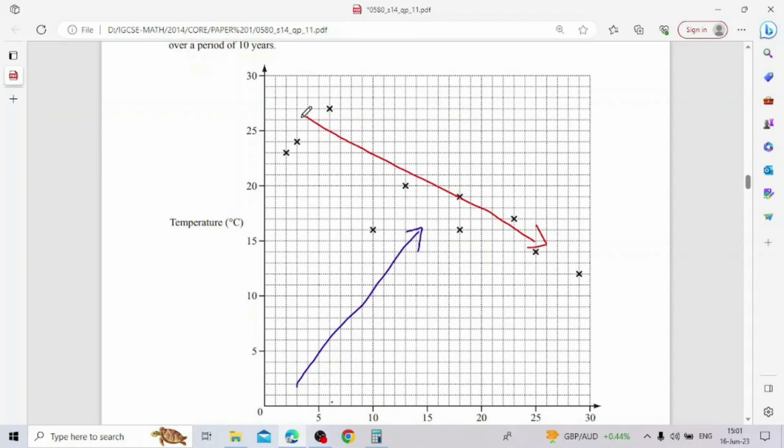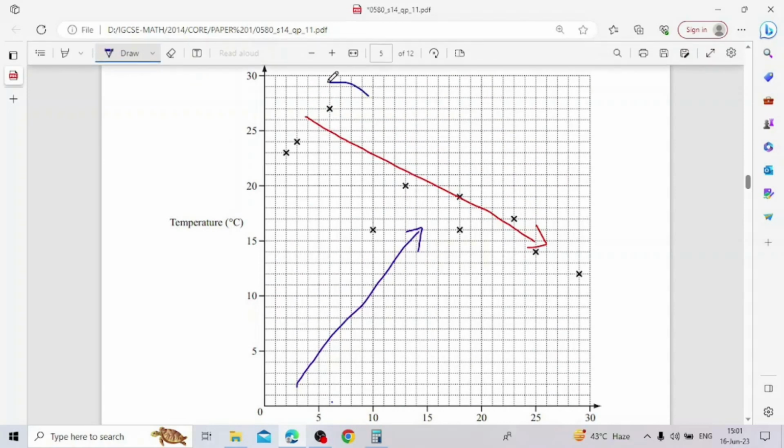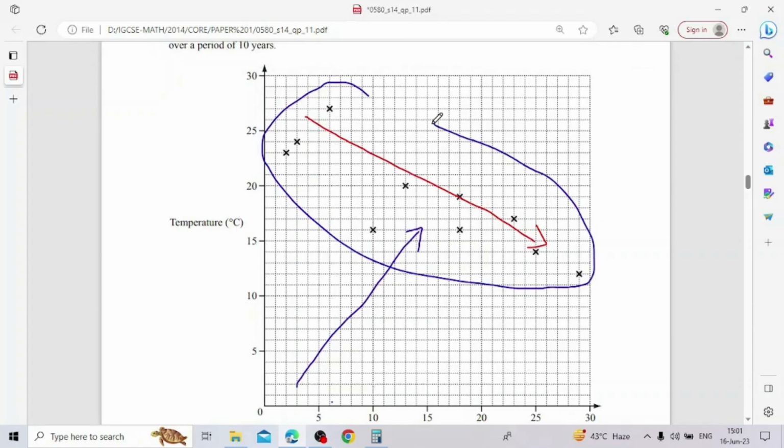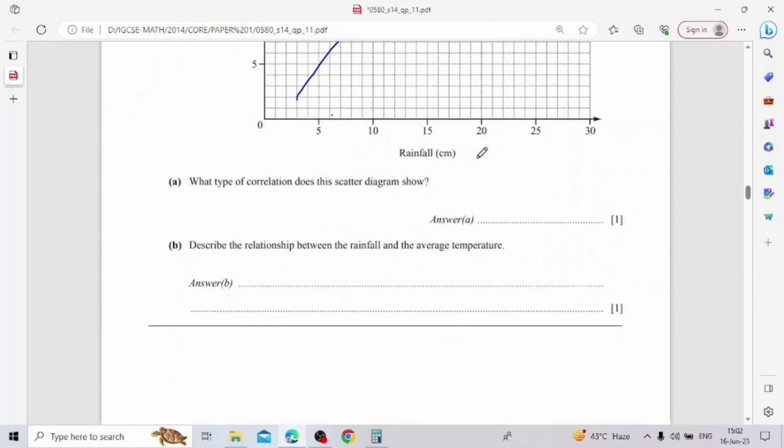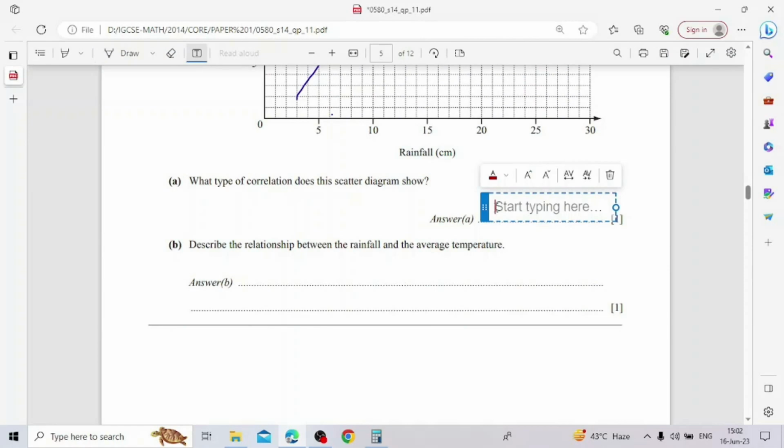But if you see over here, our values are concentrated in this area, so this is opposite to the increasing order. In the sense, it's a negative correlation. The values started with increasing and slowly it's dropping, so it is negative. If the values are smaller and it increases in the higher orders, then that is the positive correlation. So here we can easily write it as a negative correlation.